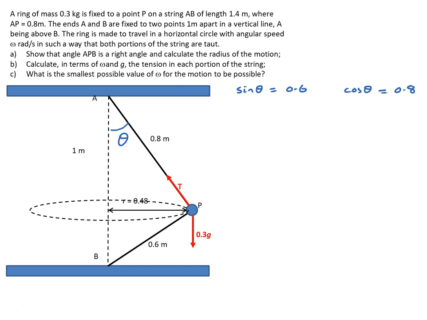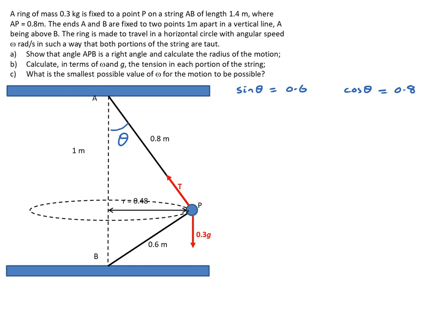Now in this case here, the string is attached to the ring P. And that means there's no reason at all why the tension in the upper part of the string should be the same as the tension in the lower part of the string.